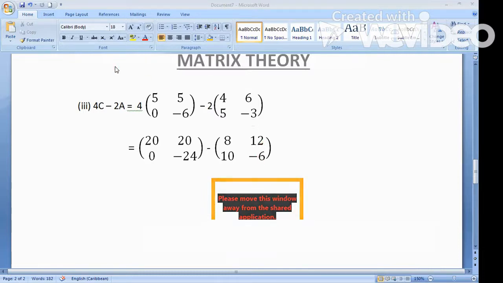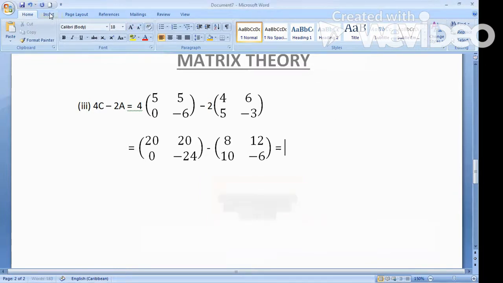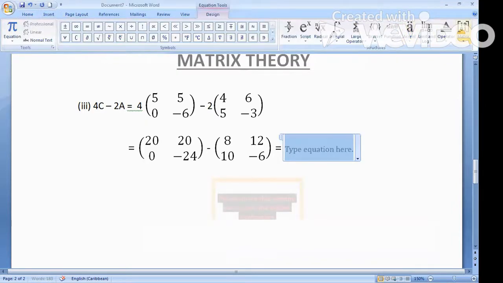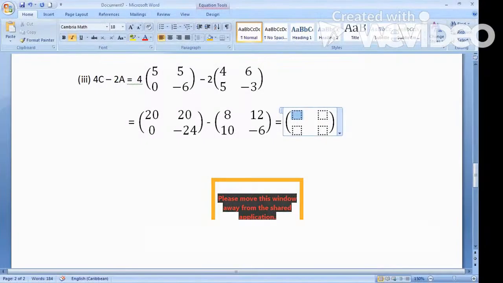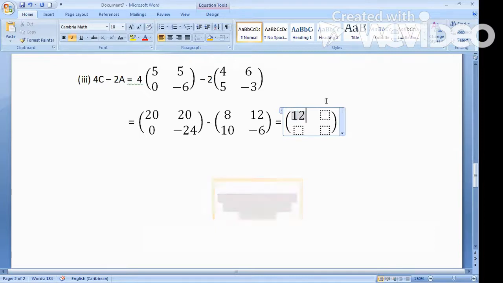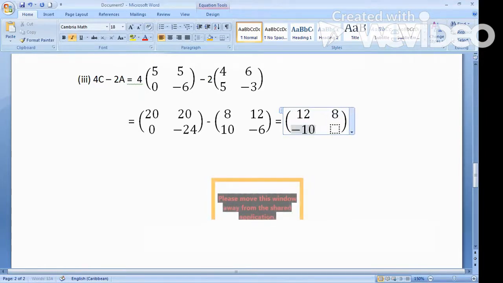All right. So please work this out and tell me what you get. What's the answer? Who wants to go ahead? Sir, it would be 12, 8, 8 over there. And would it be negative 10 and negative 18? Or positive 18?